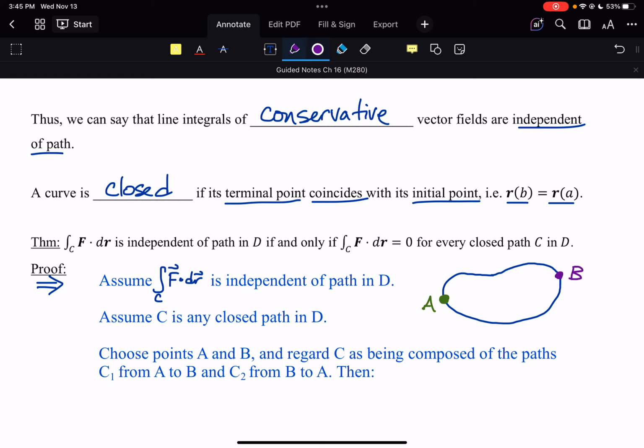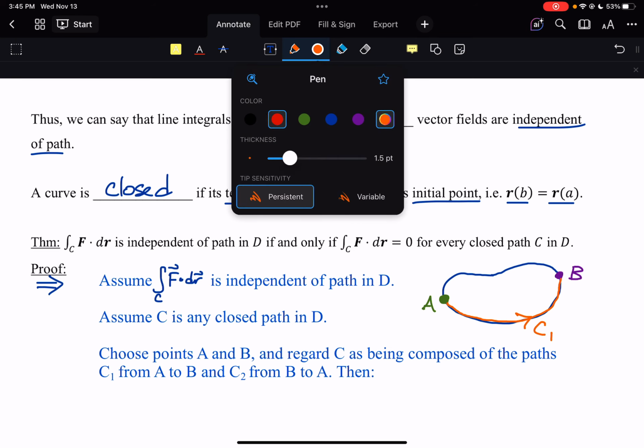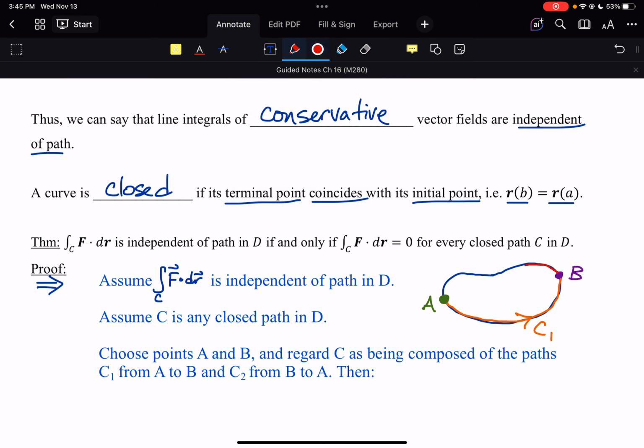Let me color code this. This path from A to B is C1, and this path from B to A is C2. So we have exactly the same curve, this still closed path in the domain.